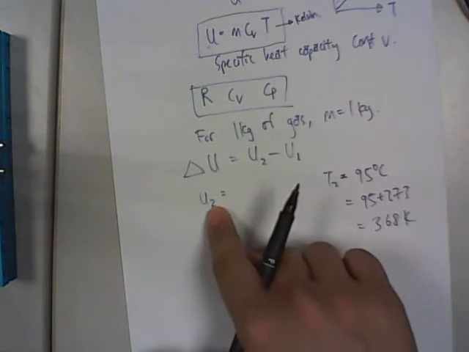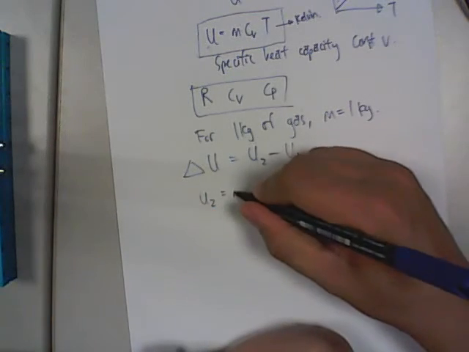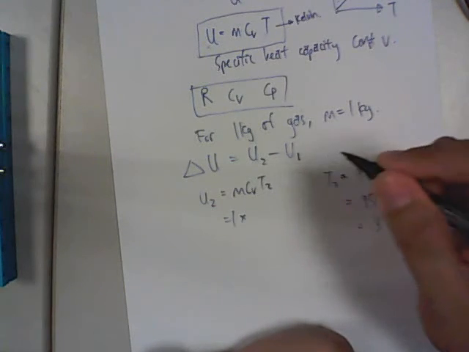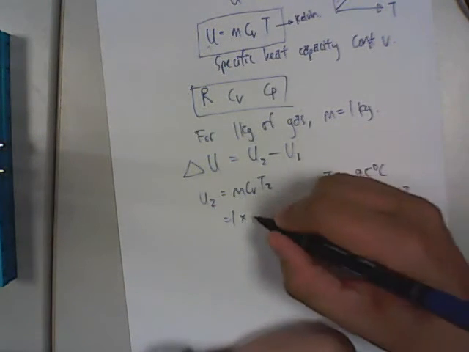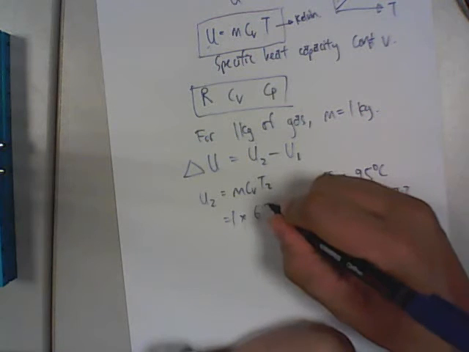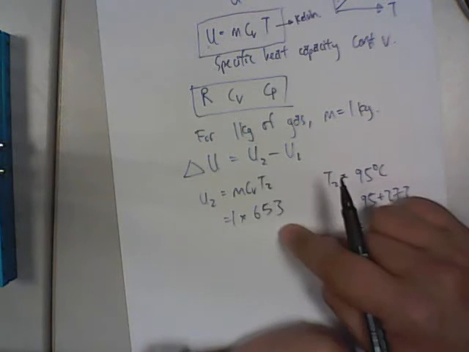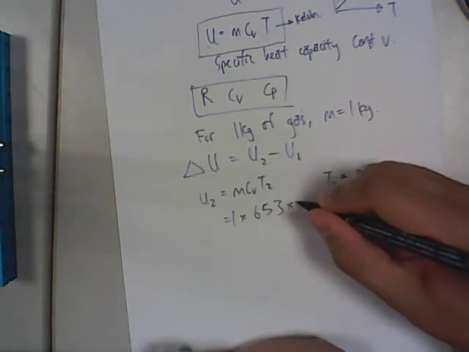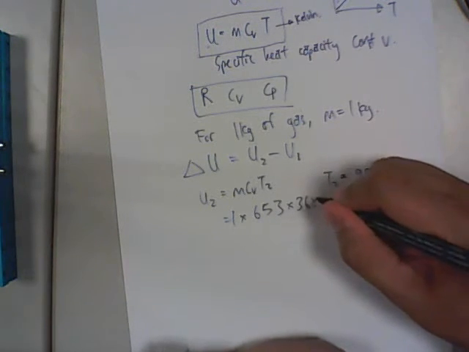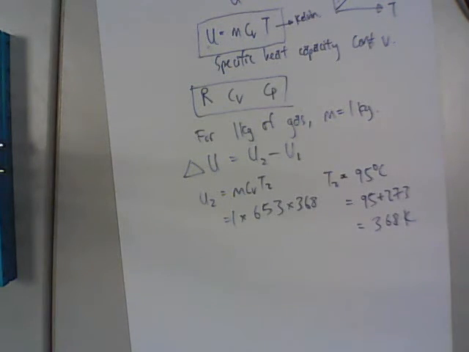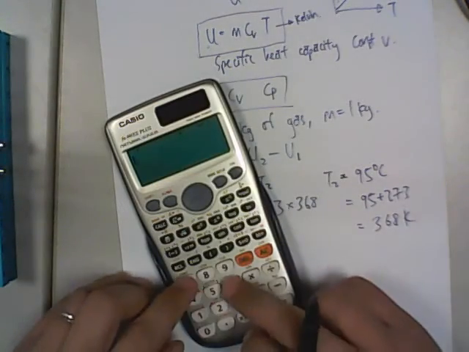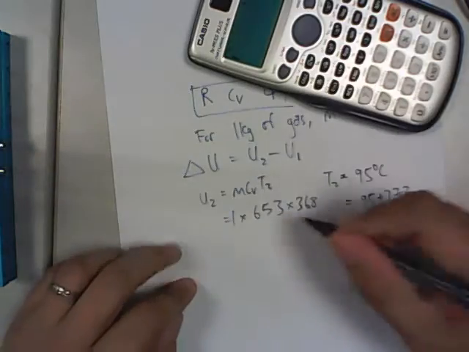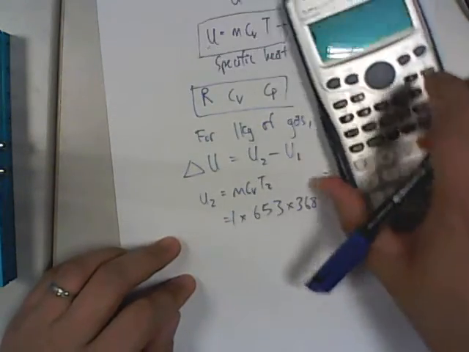So U2 is mCvT2, 1 times 653 joules per kilogram Kelvin, times 368. Let me check with the calculator. 95 plus 273, 368. So this is my U2.